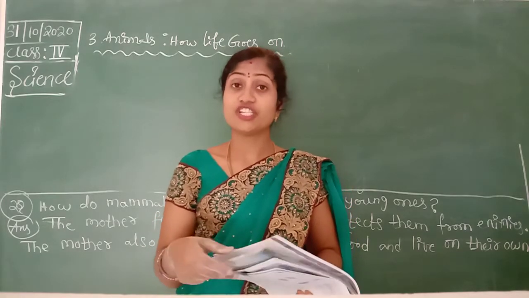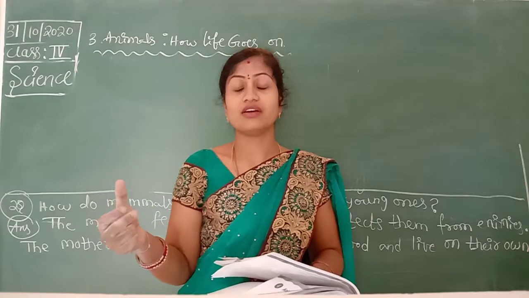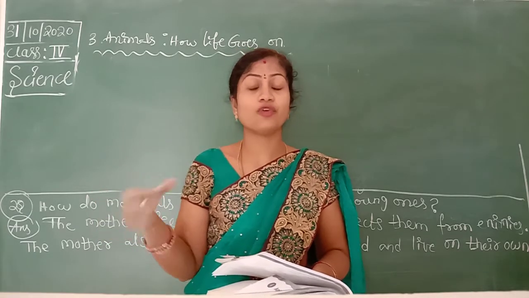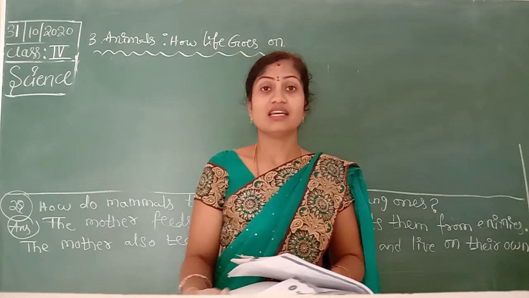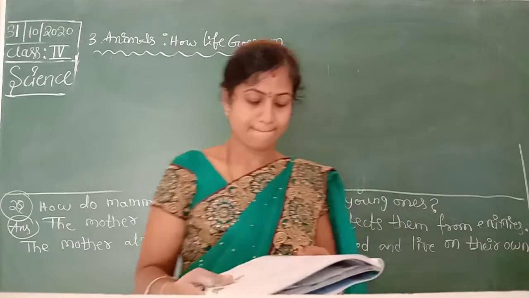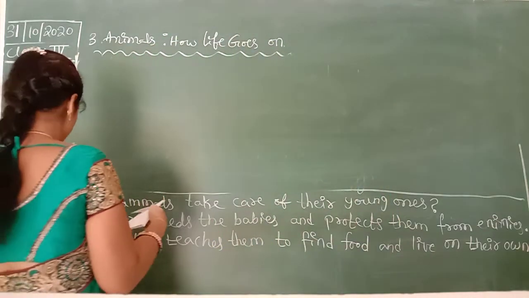They nourish their babies for some days only. After they grow well and can find their own food, they live away and go away. The mother cat or dog, like that only. So next, third one: describe the life cycle of a cockroach.